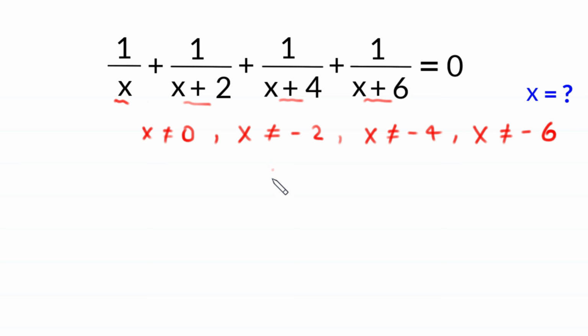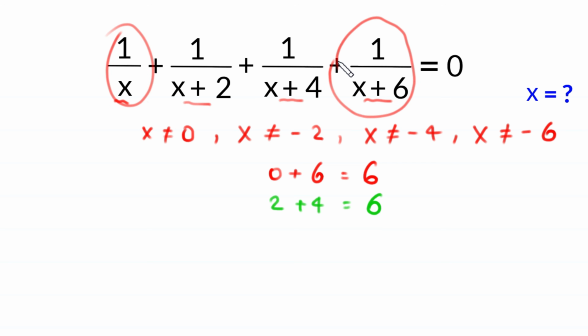Now because 0 plus 6 equals 6 and 2 plus 4 equals 6, we combine these two terms, 1 over x plus 1 over x plus 6, and we combine these two terms, 1 over x plus 2 plus 1 over x plus 4.